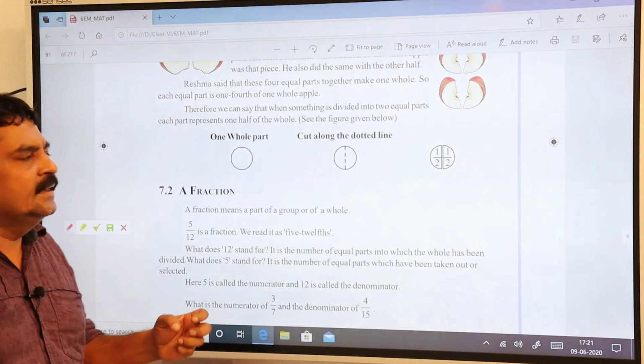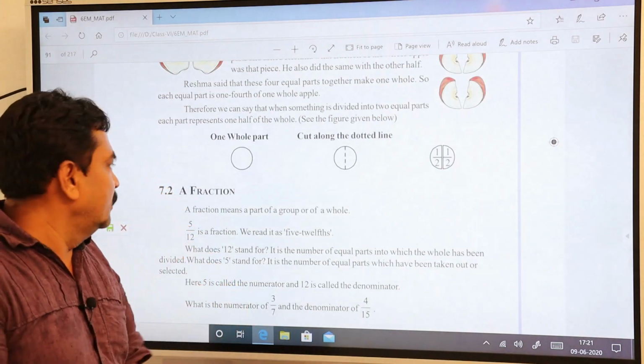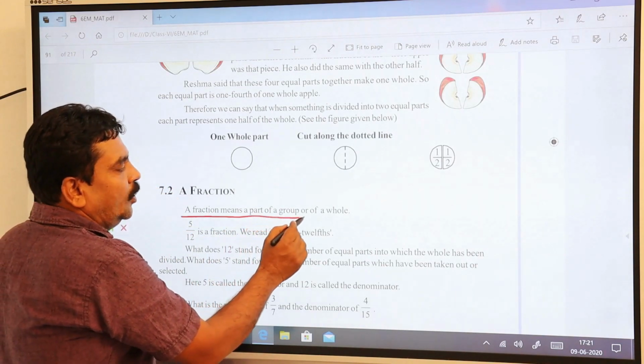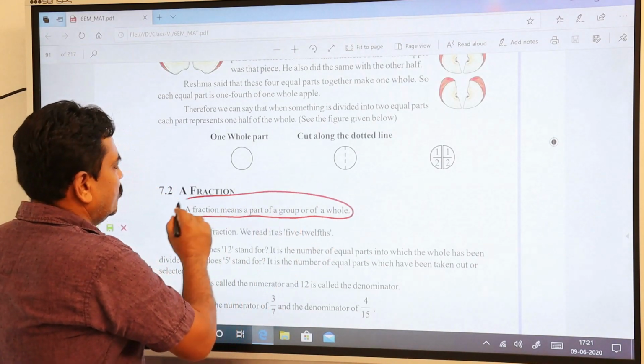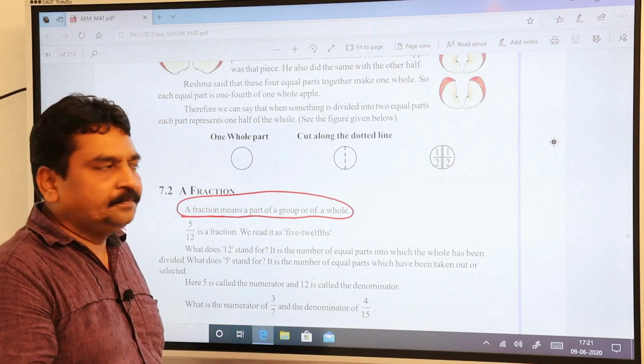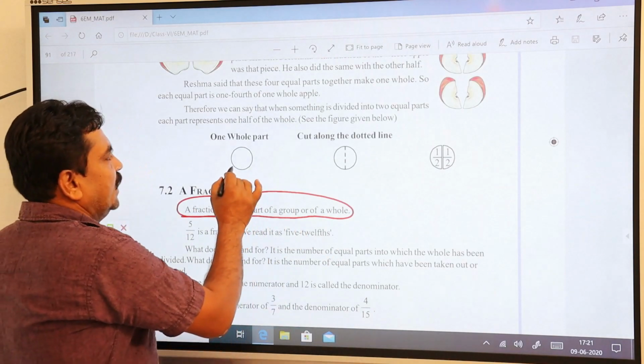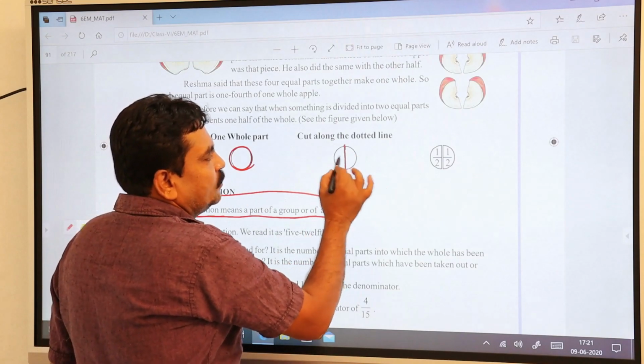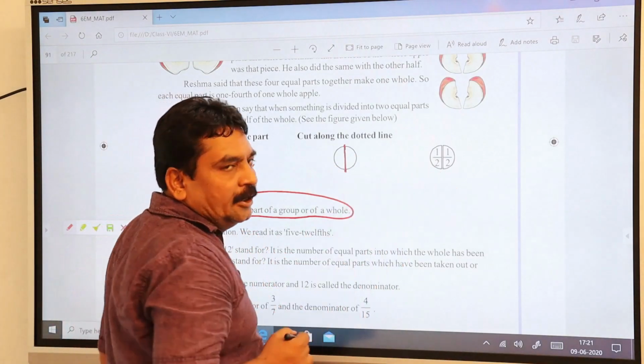Now you can easily understand the definition. Fraction. A fraction means a part of a group or of a whole. Suppose you have this as a whole. When you divide it into 2, each part is 1 by 2 and 1 by 2.